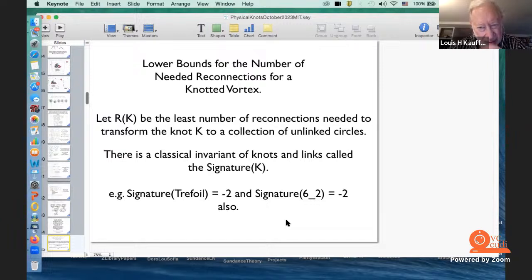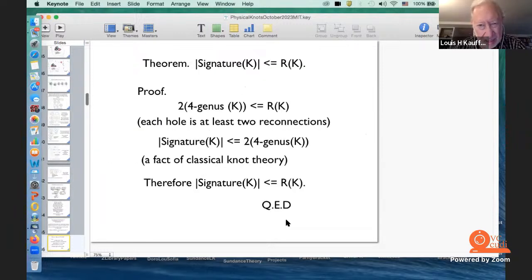There is an invariant called the signature of the knot, and it satisfies the following theorem, that the absolute value of the signature is a lower bound on the reconnection number. So when I calculate that the signature of the trefoil is 2 in absolute value, then that proves that the trefoil needs 2. And this is done by a theorem of Murasugi, who showed that the signature is a lower bound on twice the 4-ball genus.